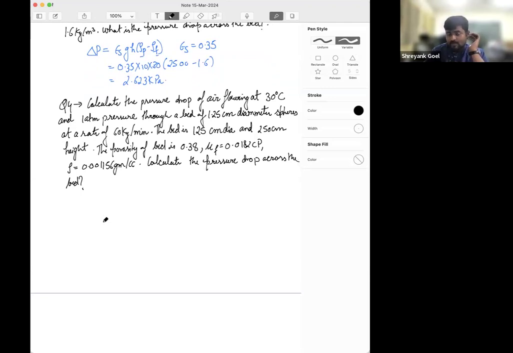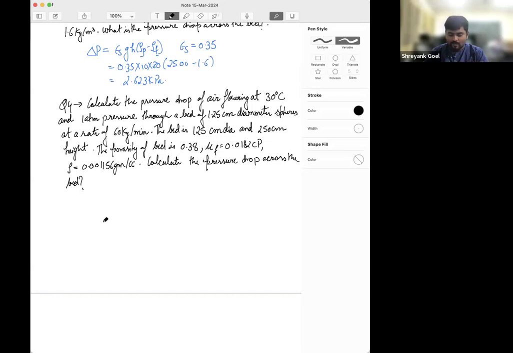So the thing is, first we need to check whether the flow is laminar, turbulent, or in transition. And how are we going to check that? By calculating the Reynolds number of the packed bed. We have certain conditions through which we check whether the flow is laminar, turbulent, or in transition. In case of laminar flow, we have to use the Blake-Kozeny equation.